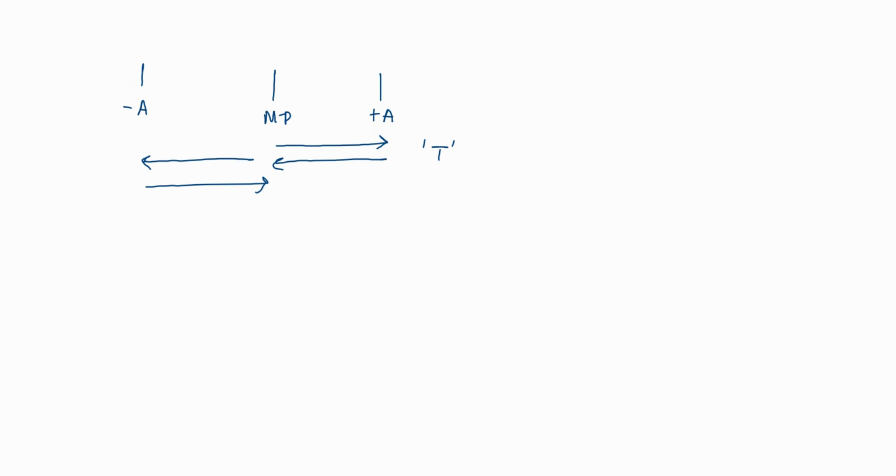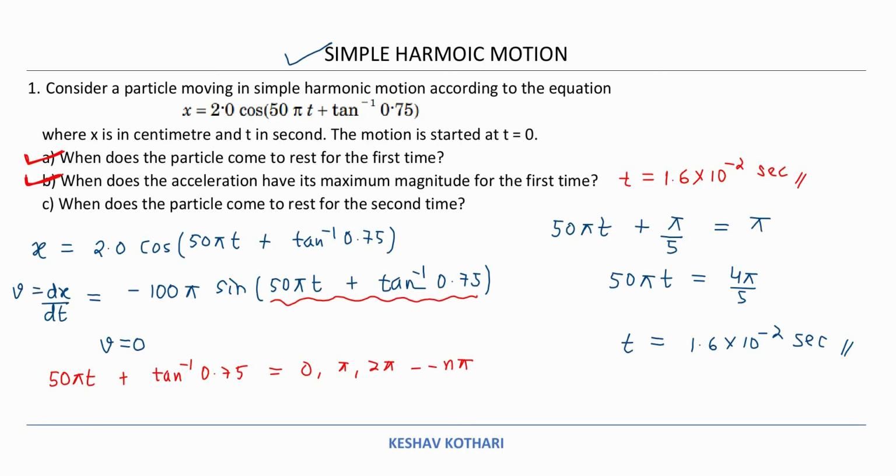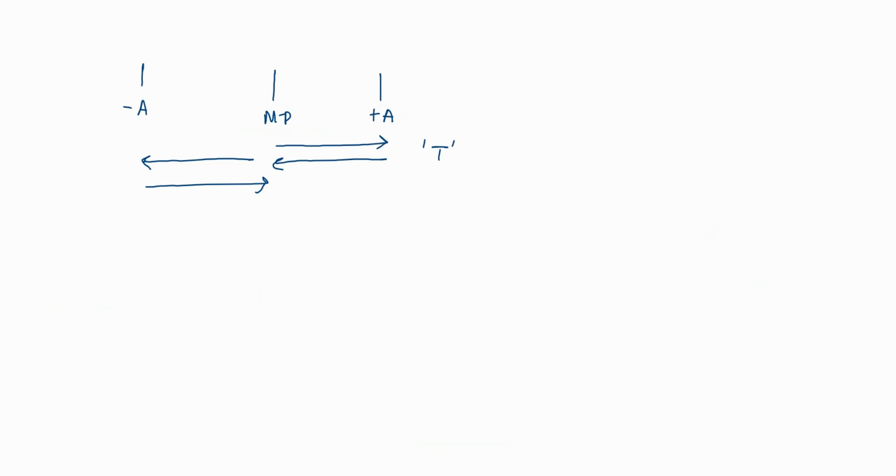Omega is equal to 50 pi, so we can equate it with 2 pi by capital T, which is equal to 50 pi, and then we get capital T as 1 by 25 second.